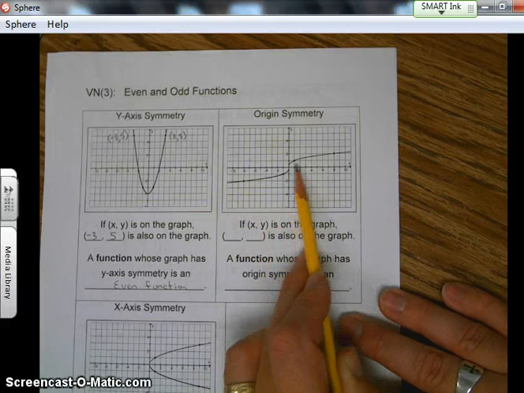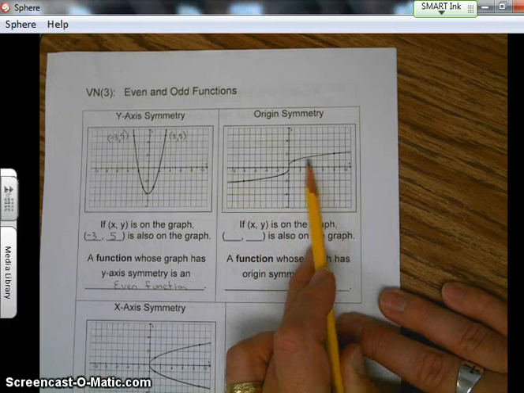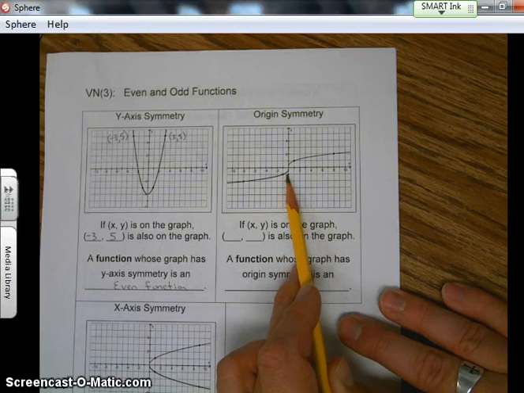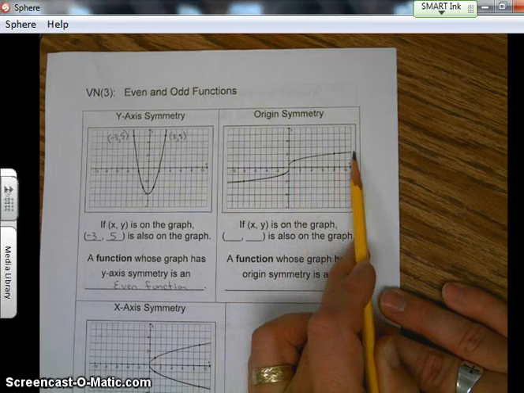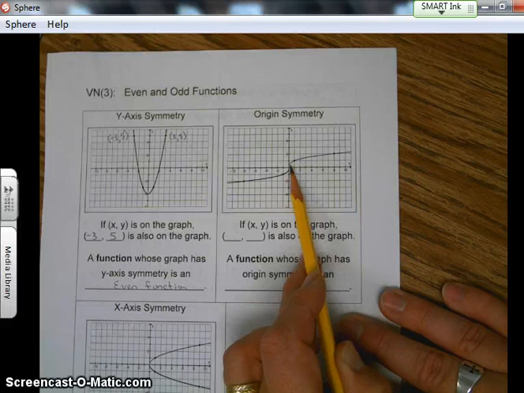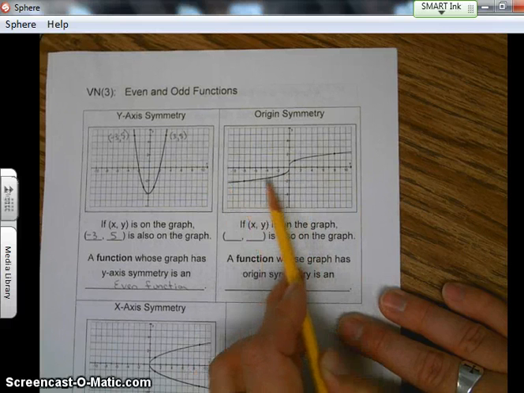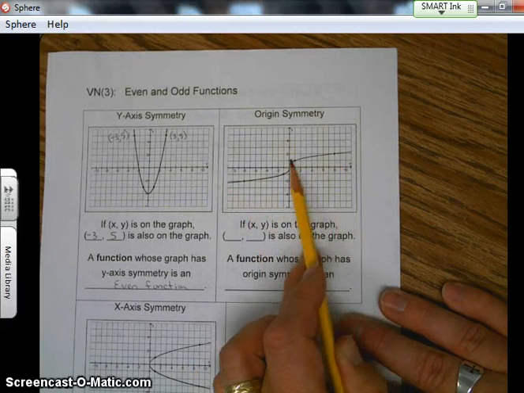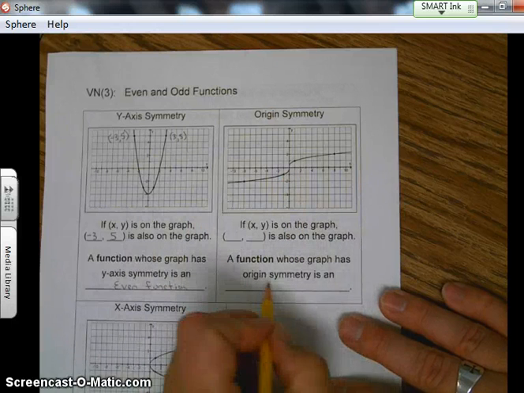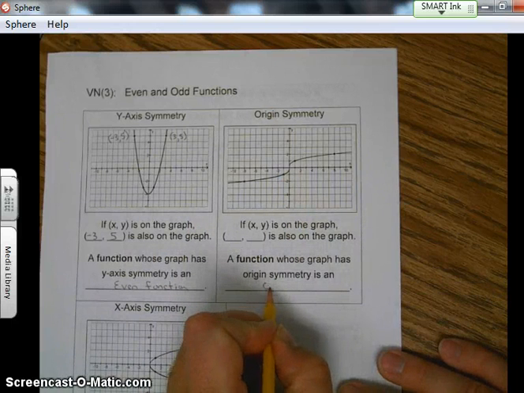So this is an example of a cube root function. This is an example of an odd function.